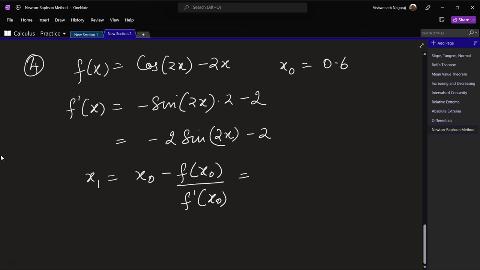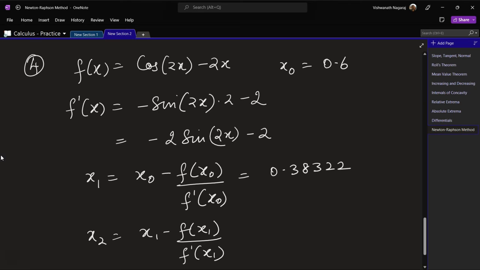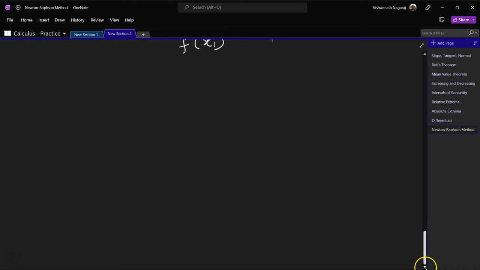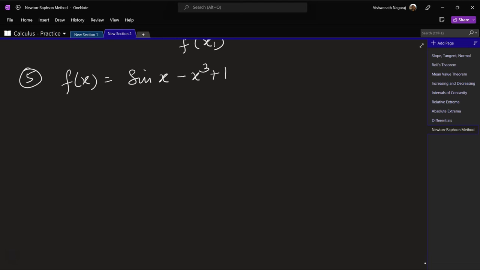And if we evaluate it by substituting 0.6, we get 0.38322, and x2 would be x1 minus f of x1 by f prime of x1, which would give us 0.36962. So this would be the zeros.